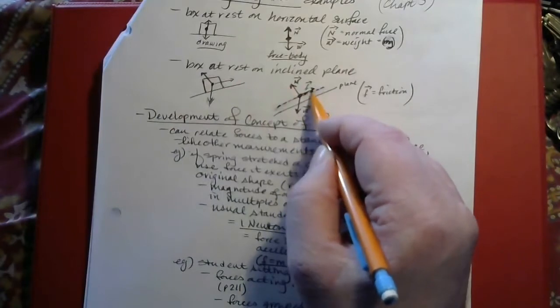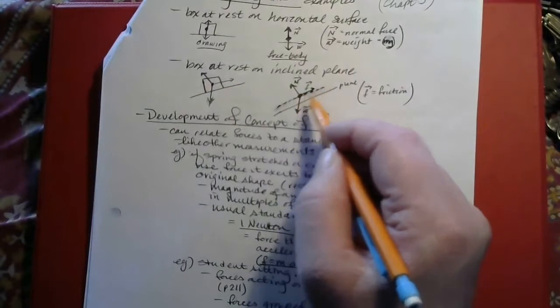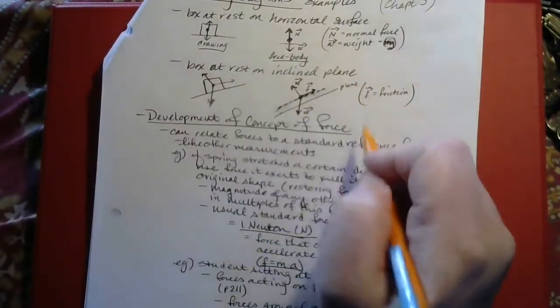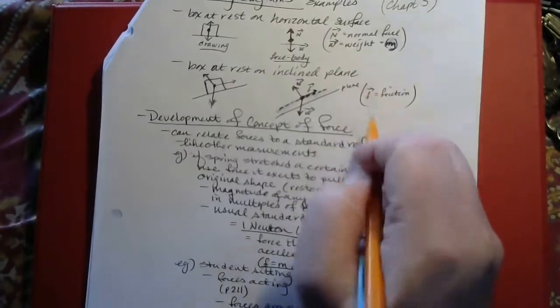But if it's at rest on the inclined plane, that simply means that there's enough friction to prevent it from moving. And friction would move in the opposite of the direction that the object is otherwise trying to move. And friction is a force, usually denoted by a small f with the vector arrow over it.